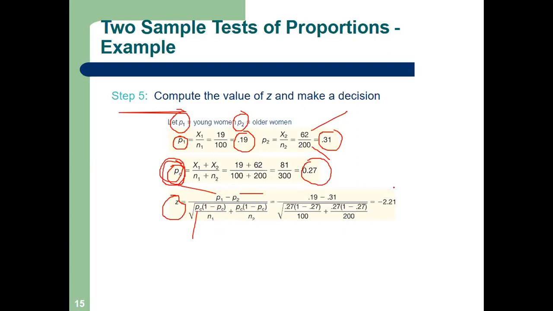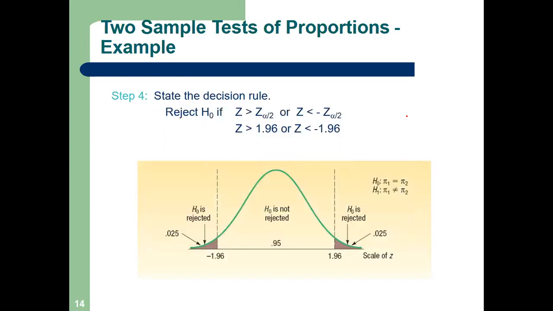Calculate all this, and you will get minus 2.21. Is this step clear? Zcal is minus 2.21.